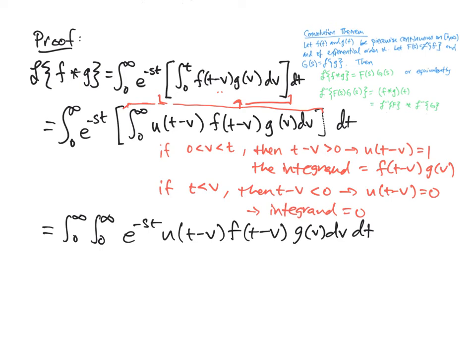And because f and g are of exponential order, that means that these integrals are defined. This whole integrand is not going to blow up if we integrate over 0 to infinity. And that allows us to switch the order of integration.